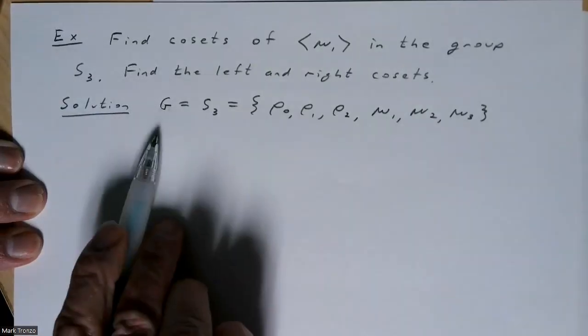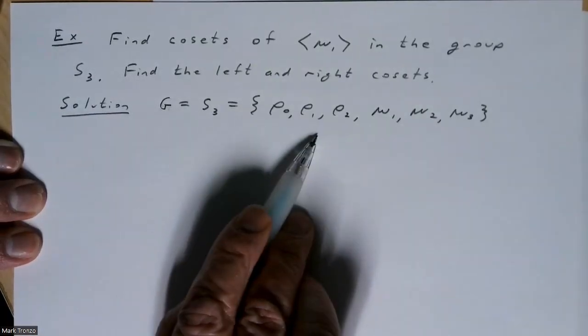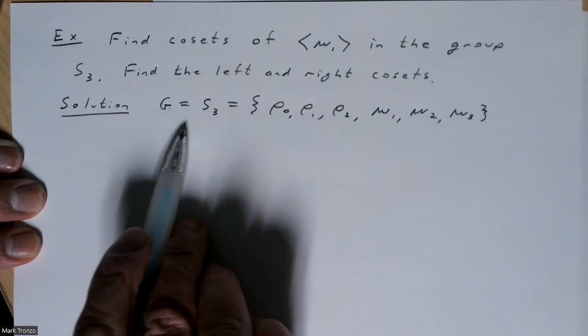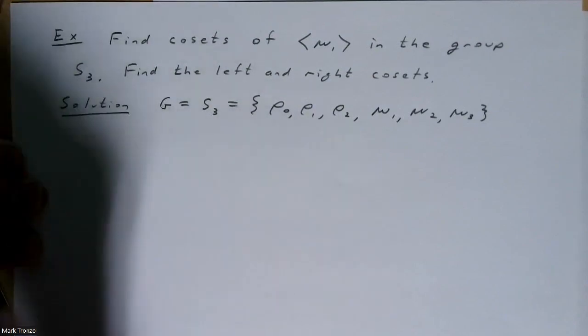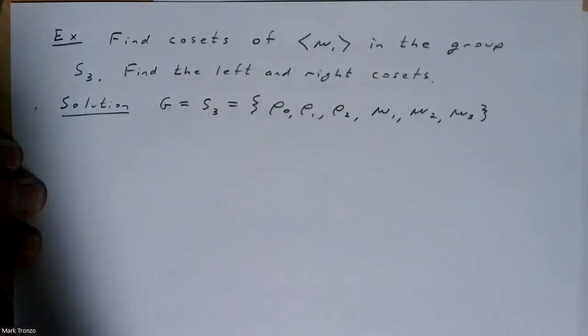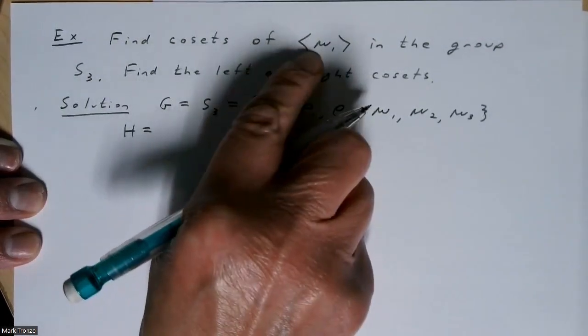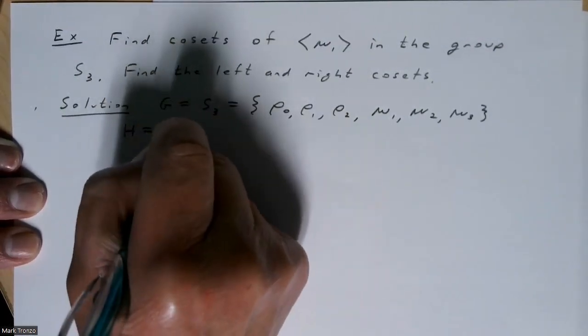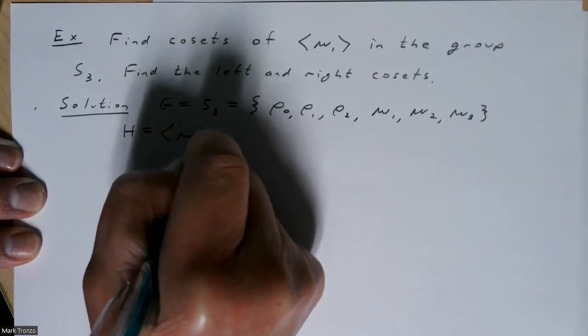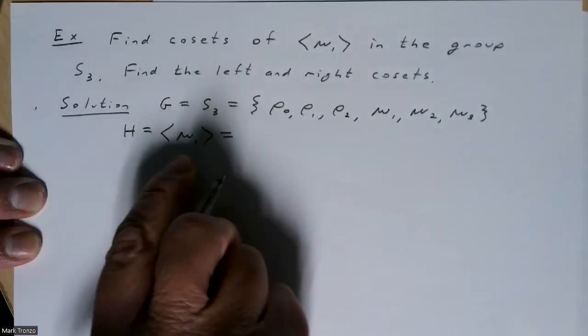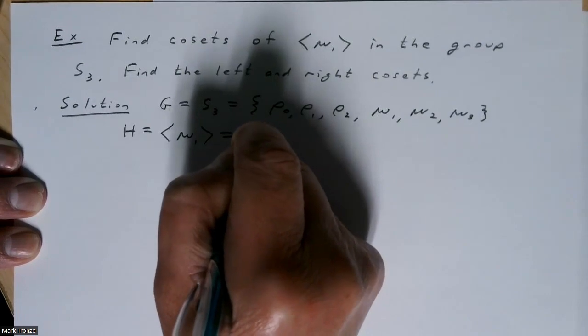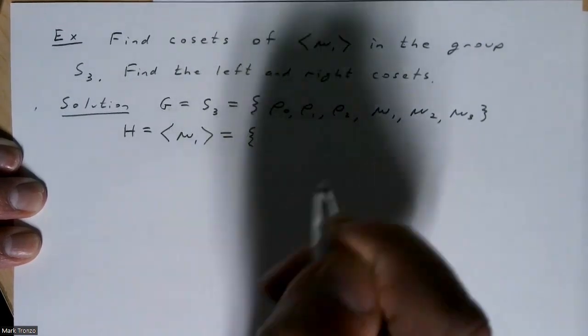So this would be the group G in our context. And then H is going to be the cyclic subgroup generated by this. And of course, remember what you do to create a cyclic subgroup.